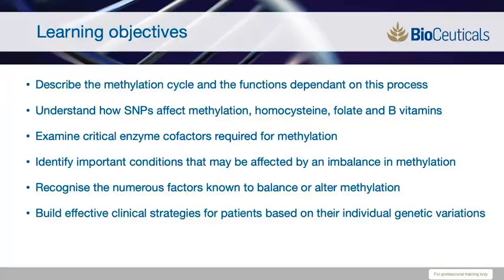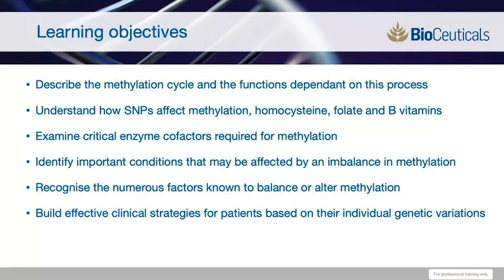The learning objectives for this module are to describe the methylation cycle, understand the important SNPs or genetic variations, and to examine the enzyme cofactors. Of course we know that genetic variations can influence the activity of these enzymes, but they need those cofactors, whether it's B2 or B6 or B12. Also to identify important conditions that may be affected by imbalances in methylation.